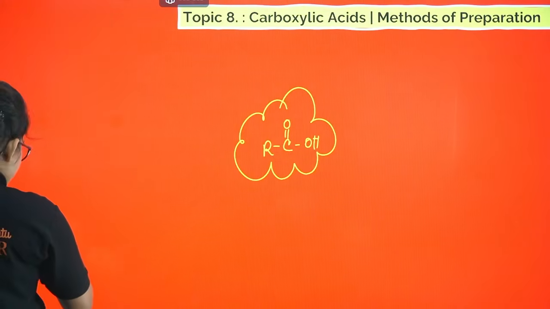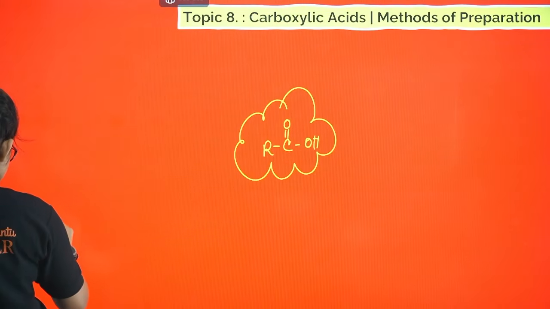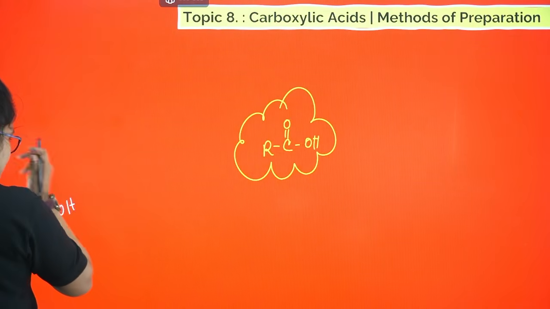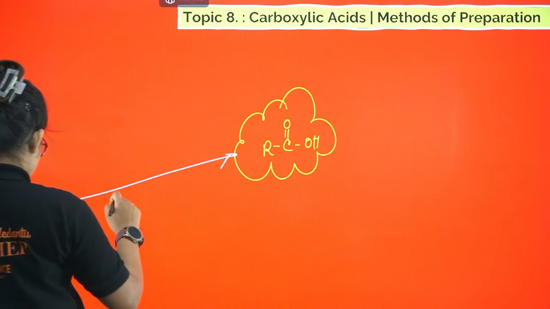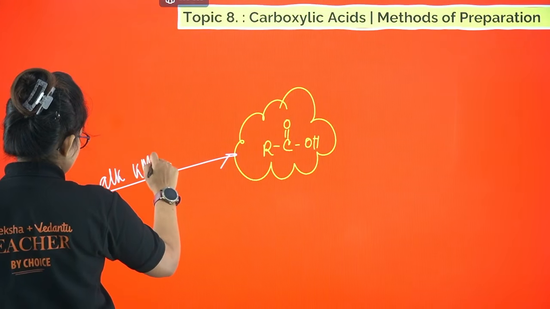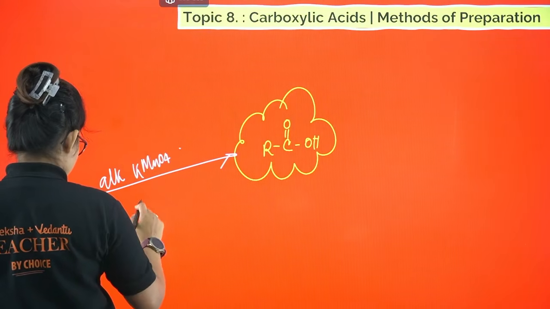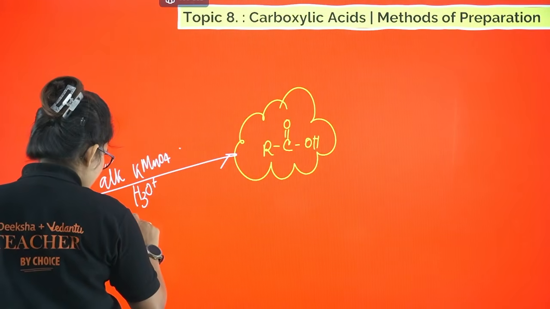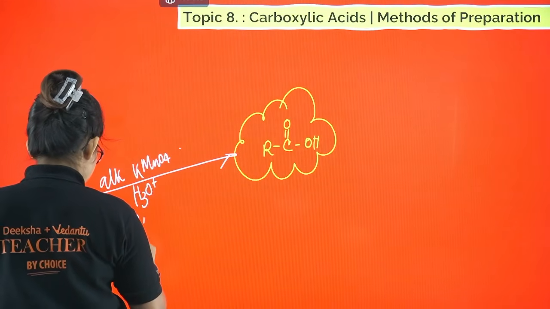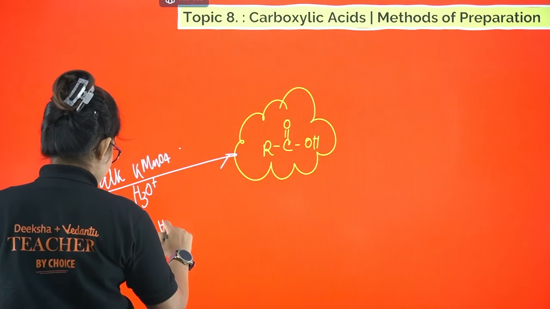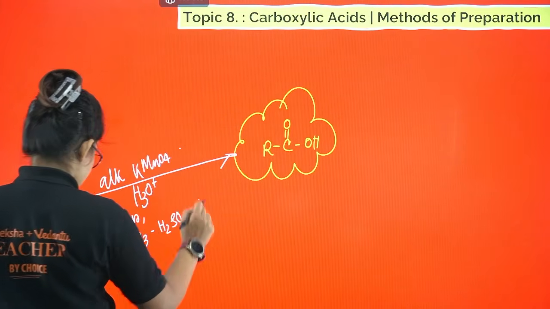If you start from alcohol, let's say RCH2OH, how should you go? You can give simple alkaline KMnO4 in presence of H3O plus, or you can give, let's say, CrO3 in presence of H2SO4. Fine.